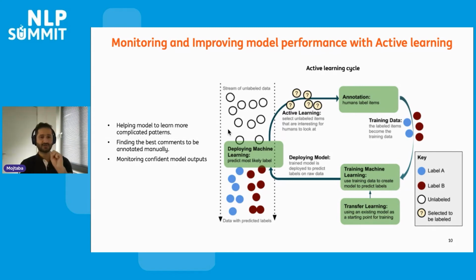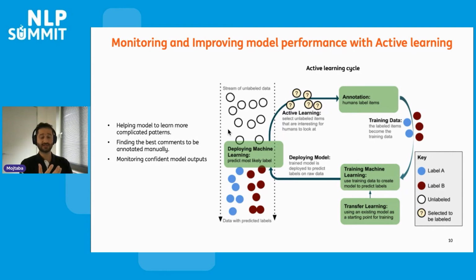Those tagged comments or text go for manual labeling, then we manually label those comments. Again, we retrain our model based on the new set of data and deploy the model in production. That's the loop we have in order to keep our machine learning algorithm up to date. It's also a measurement, because we can see how many confident labels the model is generating.